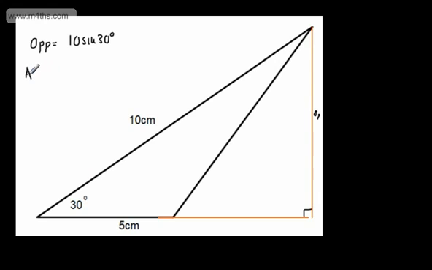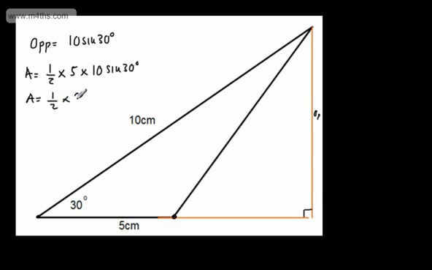So our area is going to be 1/2 multiplied by the base. The base is 5. That is the base. The base doesn't continue here. It's just this part right here. So we can have 1/2 times 5 times 10 sine of 30 degrees. In the last question, we saw sine of 30 was a half. 10 times 1/2 is 5.